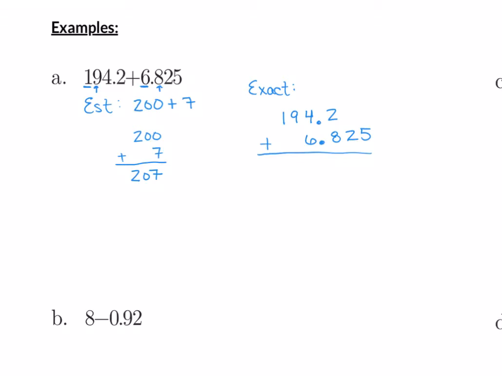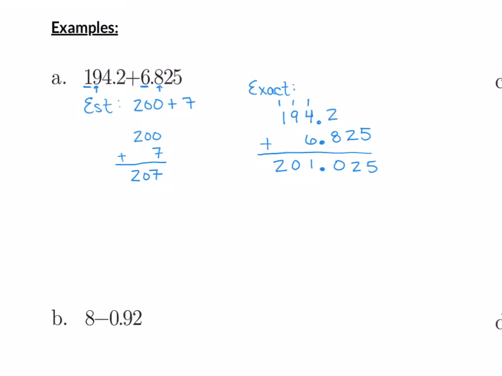Alright, if we go ahead and add now, starting on the right, we get 5, 2, 10, 11, 10, and 2. We bring down our decimal point and we get 201.025, which is close to 207.